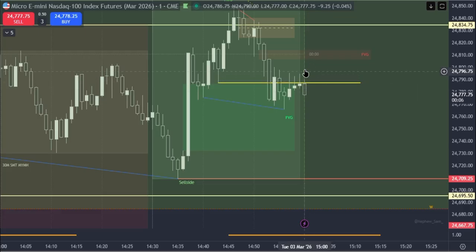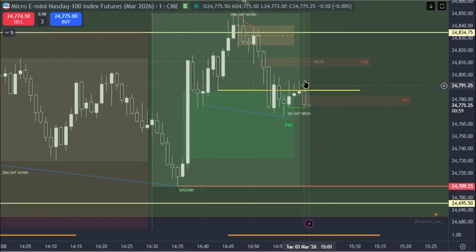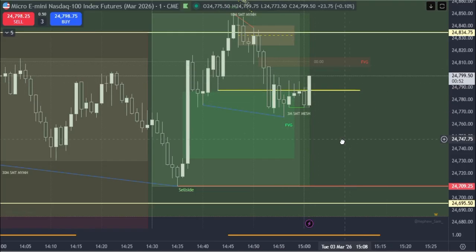So if you're just tuning in, we're targeting sell side here, but in order for me to push the button, I want to see a form of SMT, another fractal.